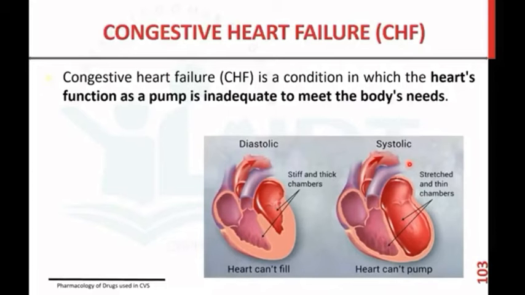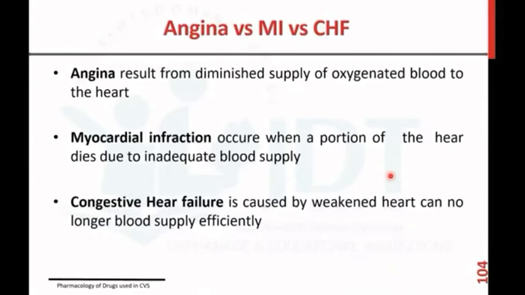The cardiac glycoside contraindicated in renal failure is digoxin, because digoxin is excreted unchanged in the urine. There is a question in GPAT: which cardiac glycoside is contraindicated in renal failure, and the right answer is digoxin.